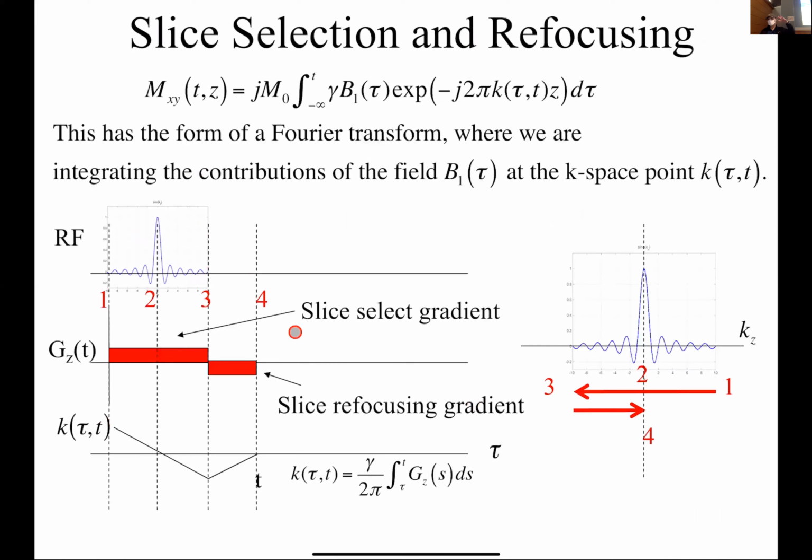So one way to think about it is, every time you have a little bit of RF energy, you're laying down some spins, okay? And it's almost like 3D printing. It's like I lay down some spins and they're at some pattern in K-space. I lay down some other spins, they have another spatial pattern. And by layering all these spatial patterns on top of each other, at the end, I get the spatial pattern I want. All right.